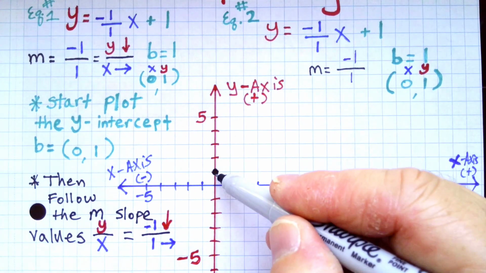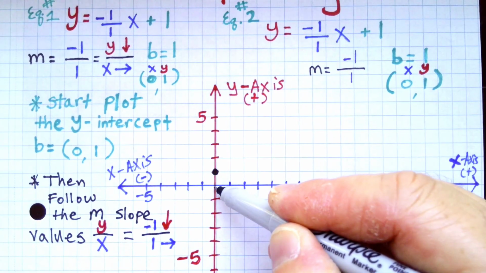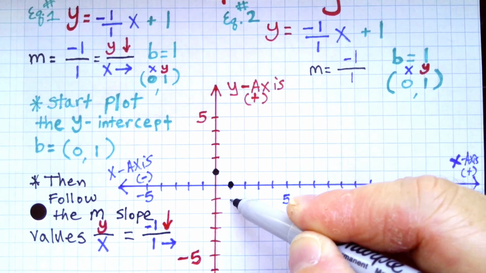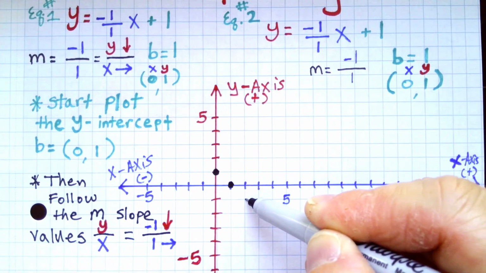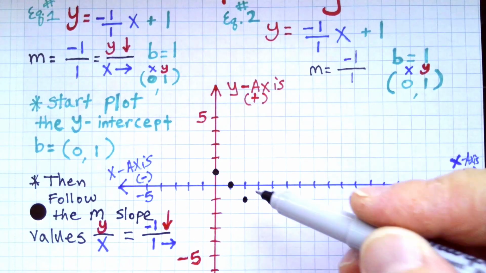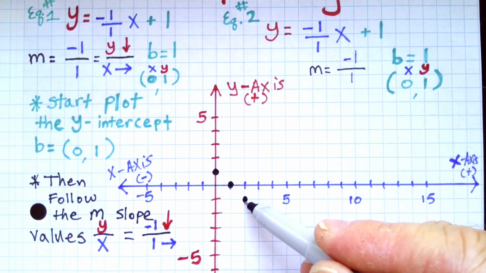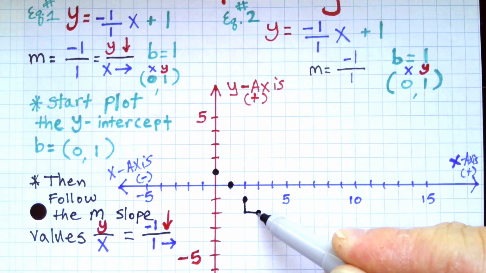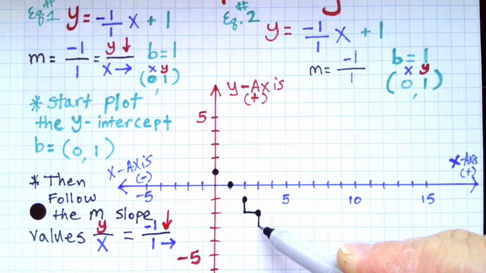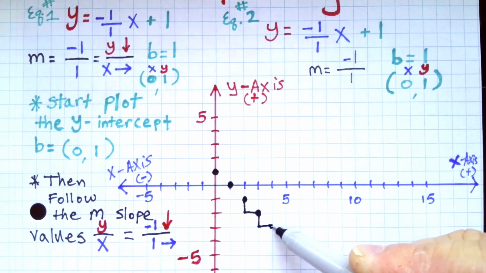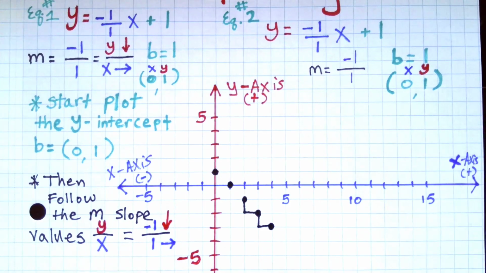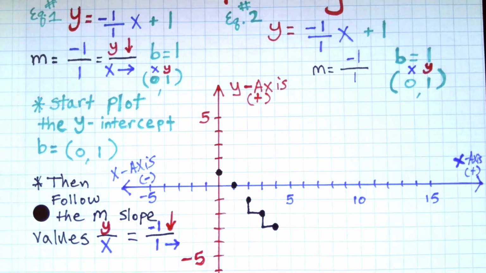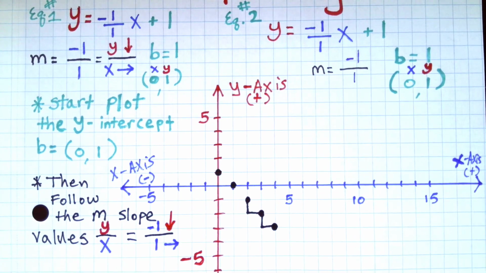So I'm going to go -1 on the y, +1 on the x, plot my point. I can just keep going, down 1 on y, +1 on x, going and going and going. Now I'm going to connect those ordered pairs, and then I will graph equation number 2.